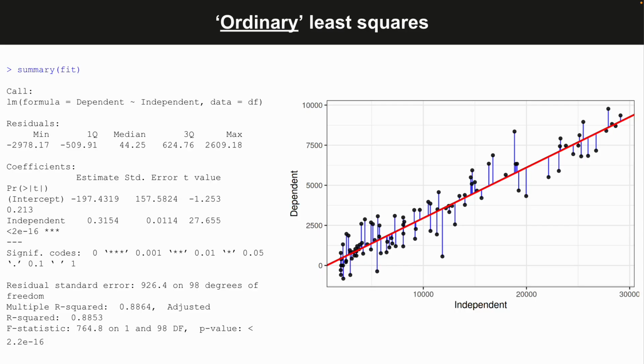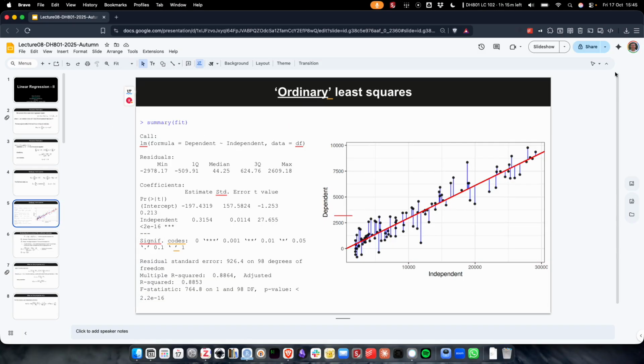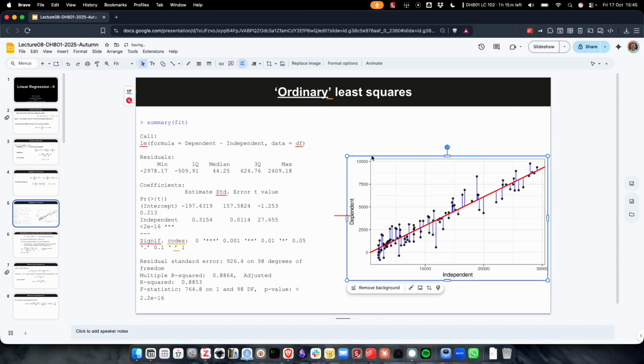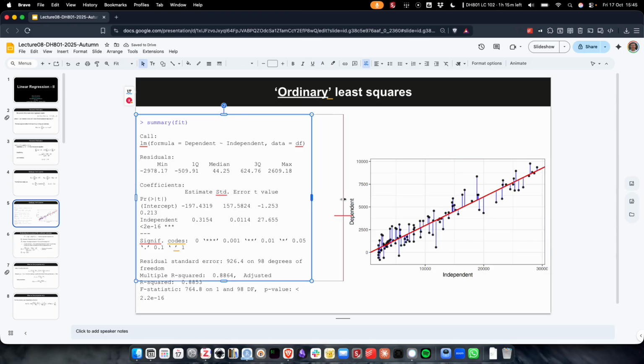The figure does not correspond to the estimate, so I will fix it, because here it seems that the intercept is 0, but the intercept actually is non-zero. But broadly, the point of this figure is to show you the residuals that you're trying to minimize, and unfortunately this has gotten compressed, so I will remove this and expand this.